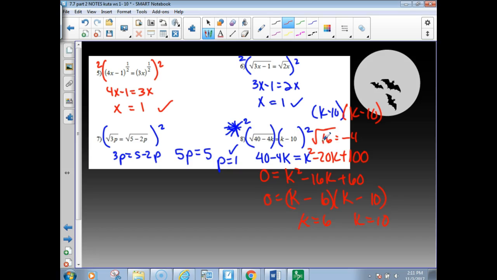The square root of 16 is not negative 4, it's positive 4. So the 6 is no good. But 10, if you put 10 in, you get 0, so it's fine. The only solution that works is 10.